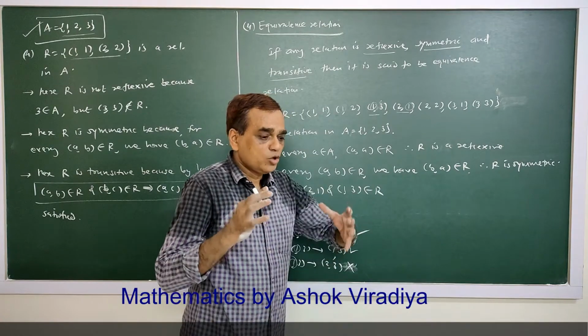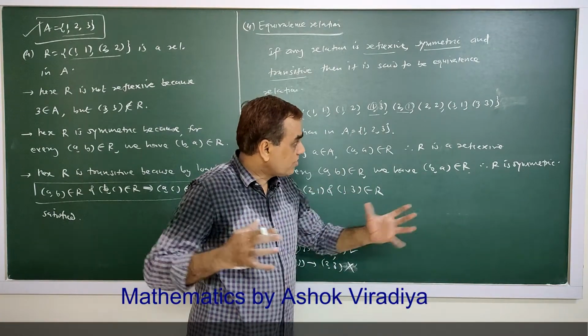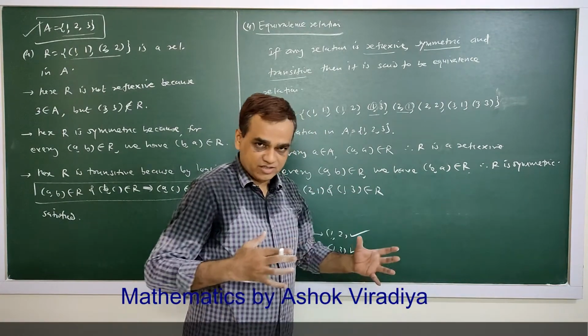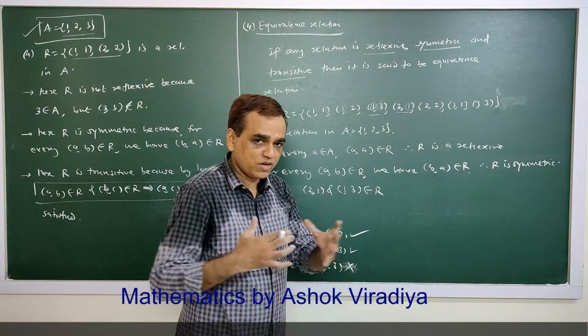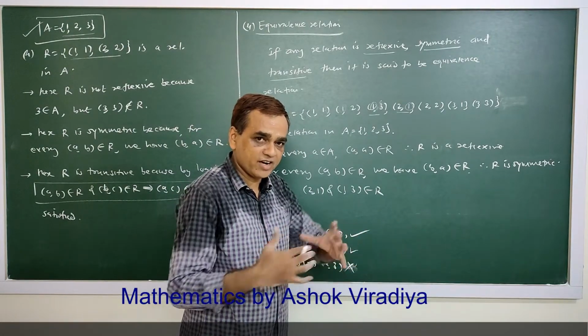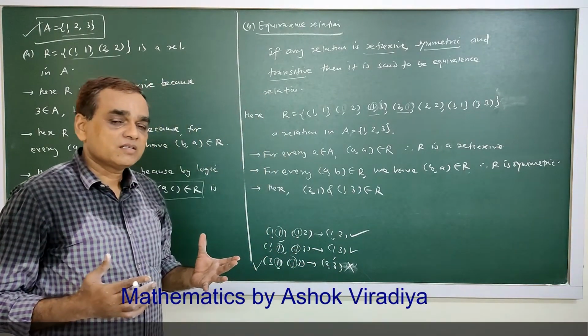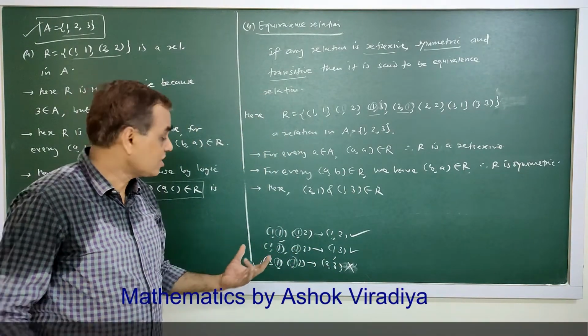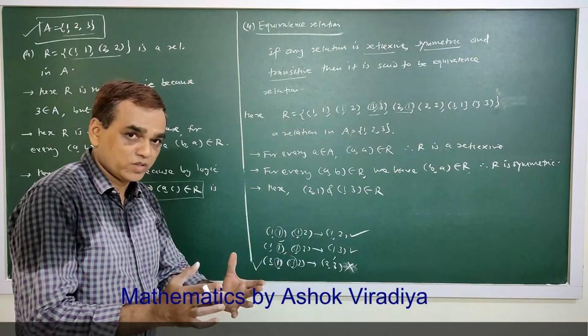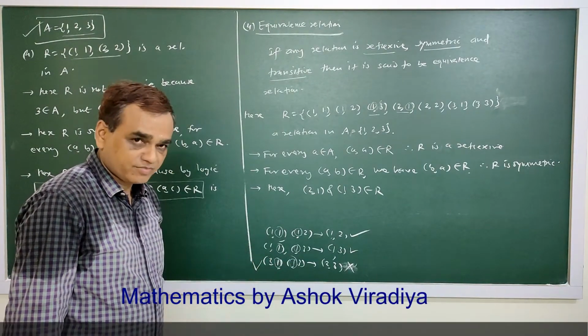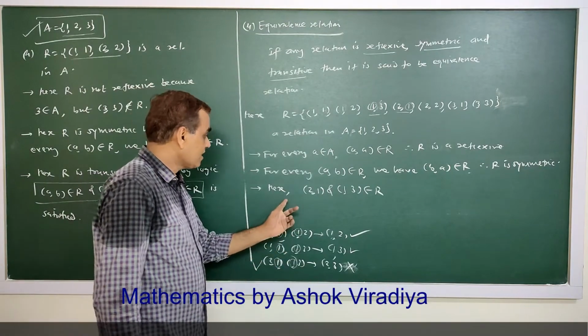So you have to shuffle pairs of elements in both directions, left to right and right to left. Then you can find it. Otherwise, there may be a possibility of mistake if any such pair of elements is skipped without observation. So (2, 1) and (1, 3) are in R.